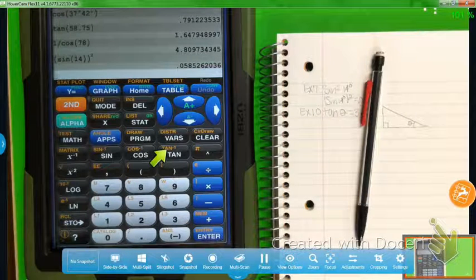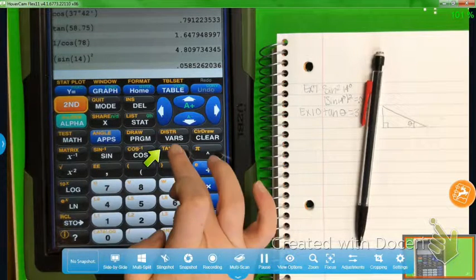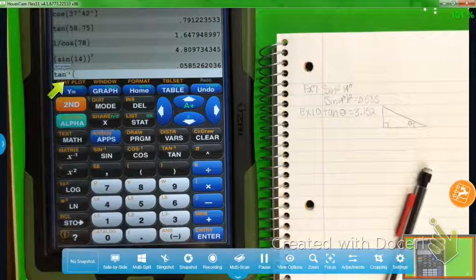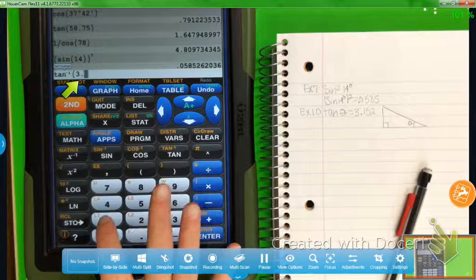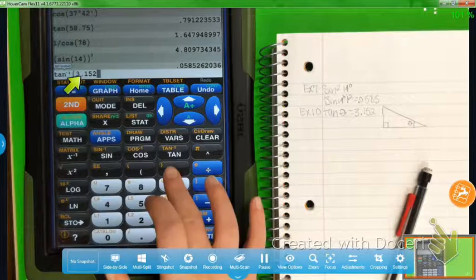So to tell the calculator to go backwards, you have to hit the yellow key. So you hit inverse tangent, and then you type in the opposite over the adjacent, which for this problem is 3.152. The calculator will spit out the angle measure for you as long as you're in degrees. So hit enter.